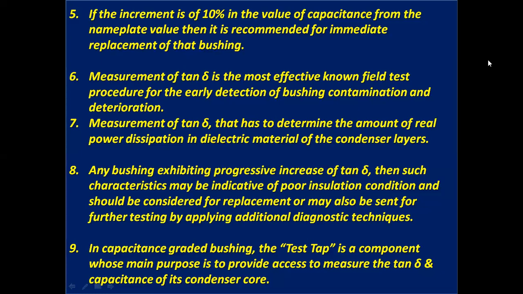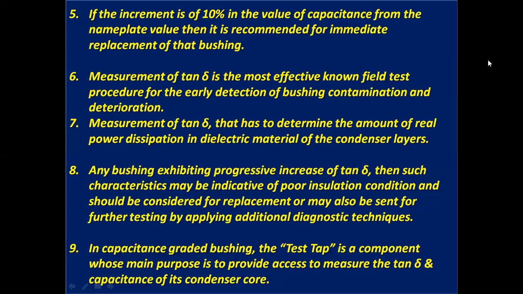Any bushing exhibiting a progressive increase of tan delta may be indicative of poor insulation condition and should be considered for replacement or may also be sent for further testing by applying additional diagnostic techniques.